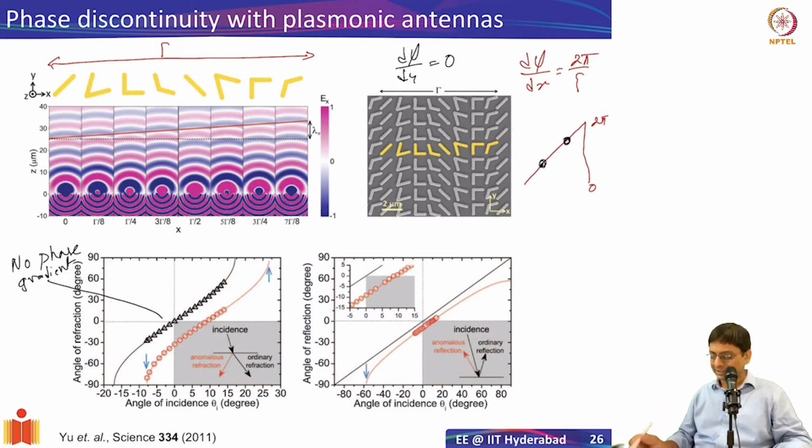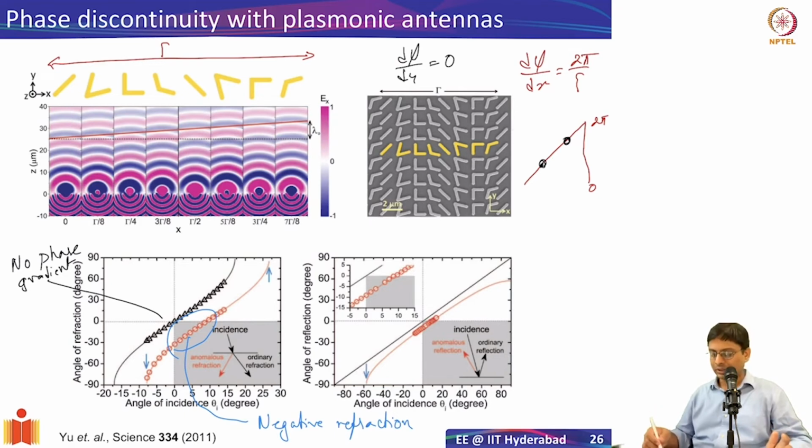But then the red is anomalous refraction, wherein my refraction can even be negative. This part, if I take this red, blue, is my negative refraction. So essentially, with a particular angle of incidence, I'm able to bend even in the negative sense.